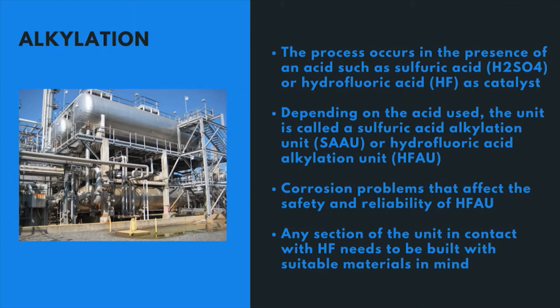Corrosion problems affect the safety and the reliability of the unit, so all those things need to be taken care of. Any section of the unit in contact with hydrofluoric acid needs to be built with suitable material in mind. So, it is not like any other unit. The construction, design and operation will be slightly more complex than any other unit in a refinery.